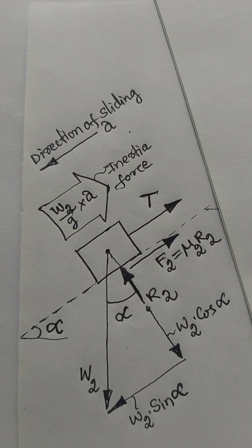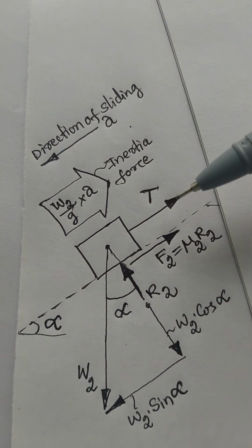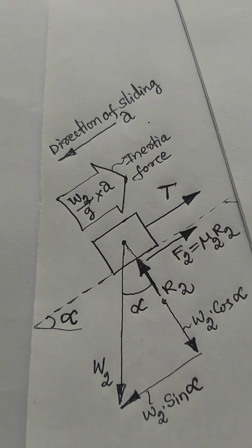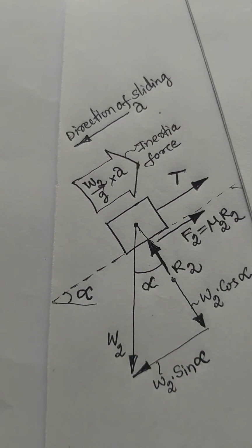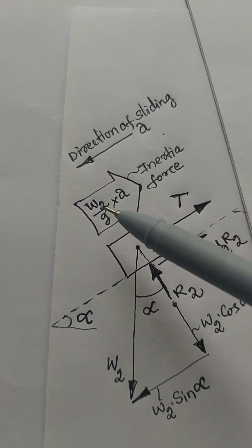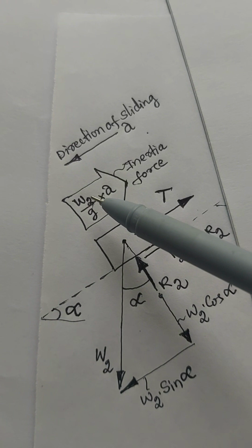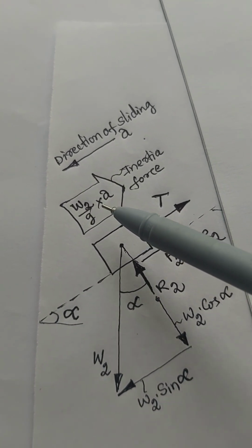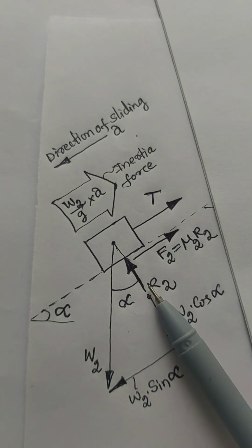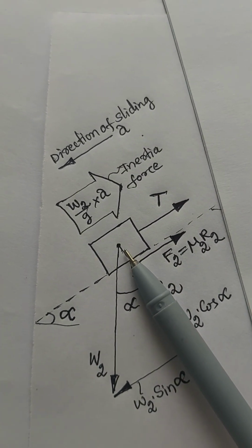For block 2, when it is sliding down the inclined plane in this direction, opposite to the sliding direction we have to introduce inertia force. The magnitude of inertia force is W2 by g into a. At this contact surface we have introduced normal reaction force R2.